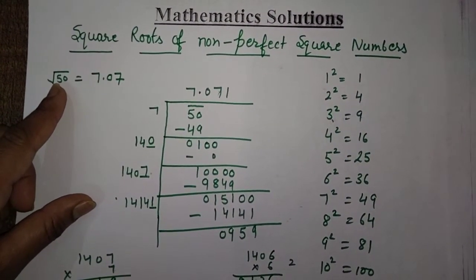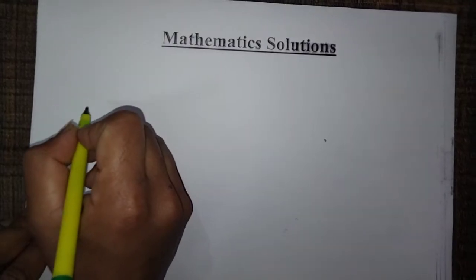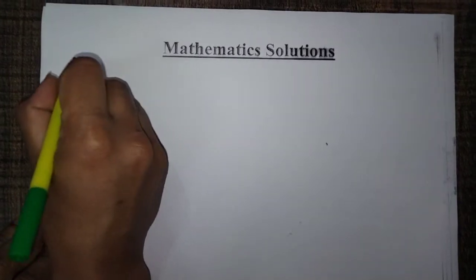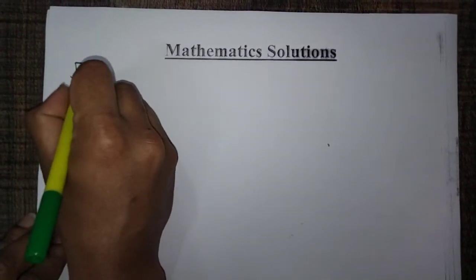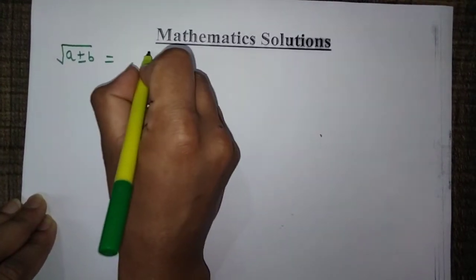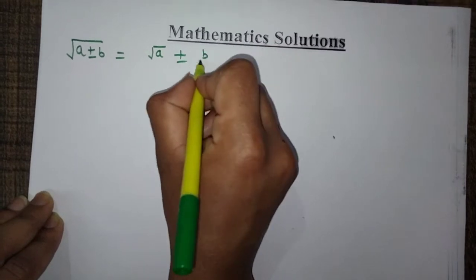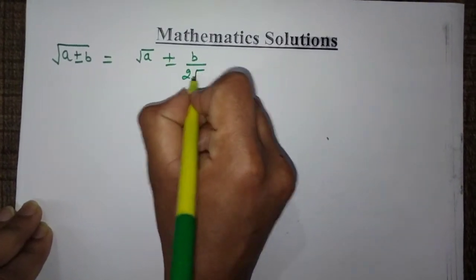Now we will also find the square root of this number with the short trick method. For the short trick method, I have a formula: the square root of a plus or minus b is approximately equal to the square root of a plus or minus b divided by twice the square root of a.